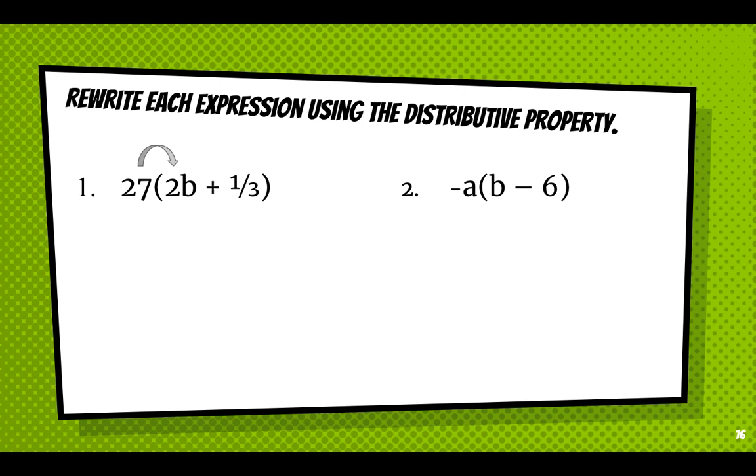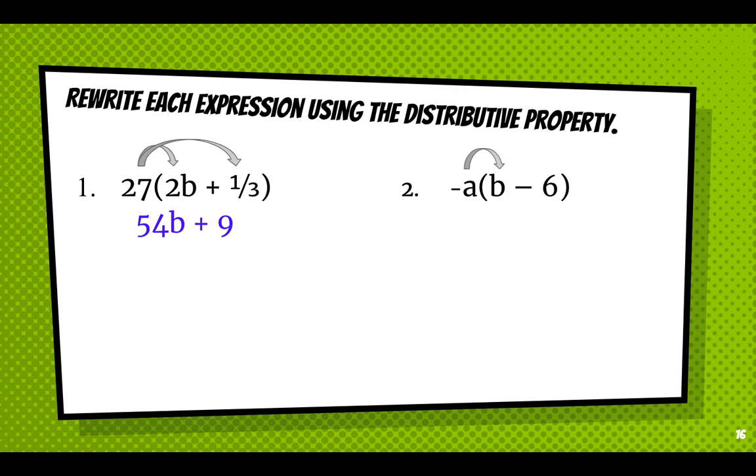Again, we want to take that 27 and multiply by both terms in parentheses. 27 times 2b, we do 27 times 2 to get the 54 and then keep the b. And then 27 times 1/3 is just like 27 divided by 3. So we get 54b plus 9.